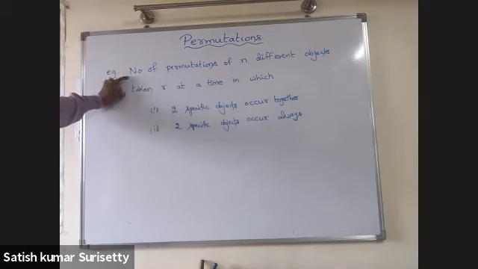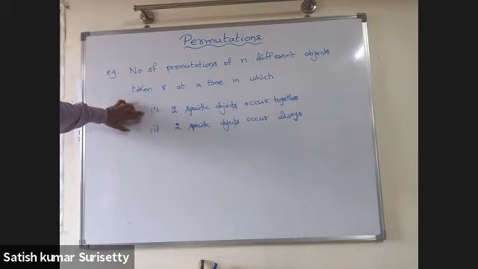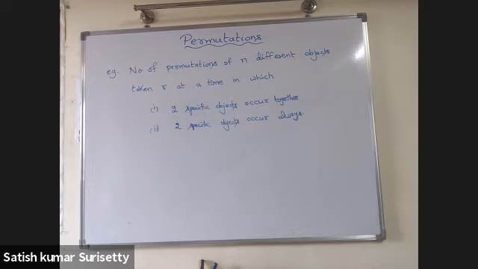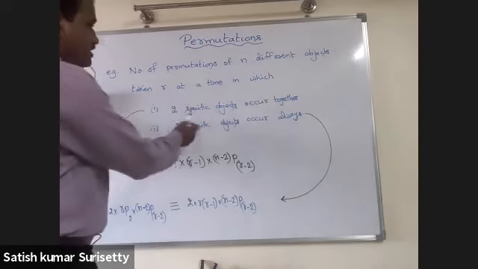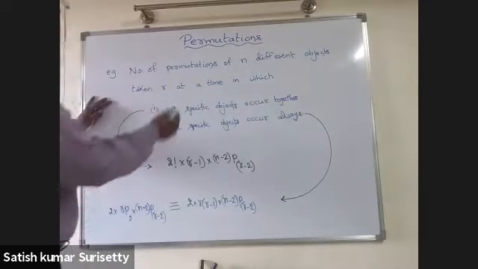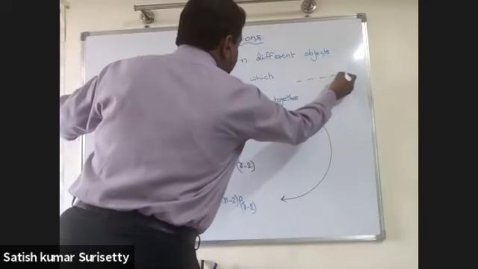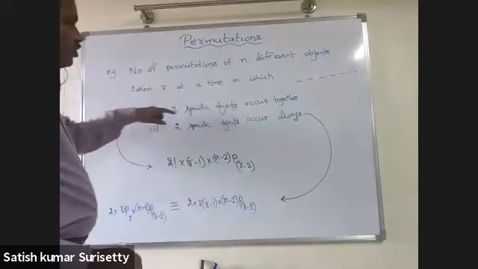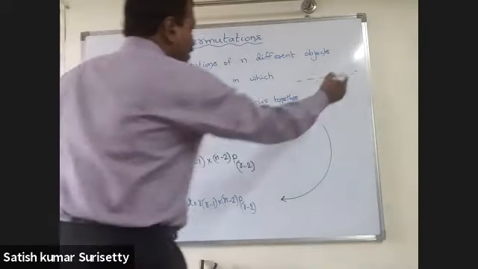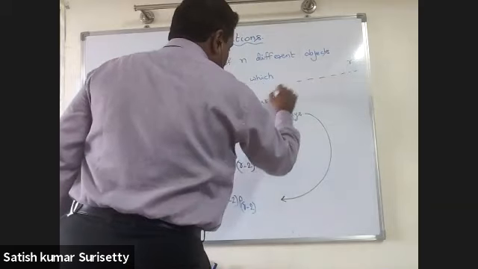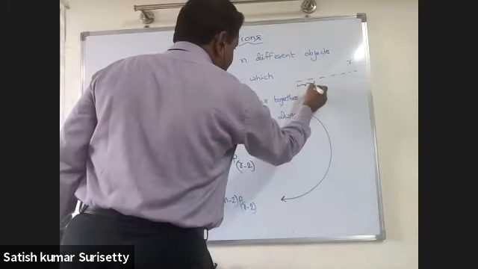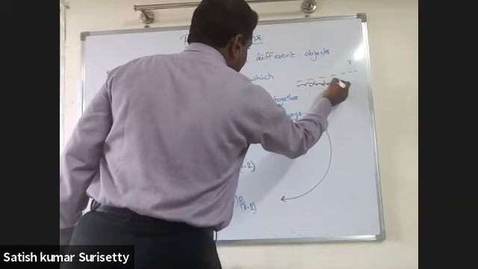Number of permutations of n different objects taken r at a time in which, first bit, two specific objects occur together; second bit, two specific objects occur always. When two specific objects occur together, it means out of r blanks, those two specific objects can be in the first and second, or second and third, or third and fourth, and so on.